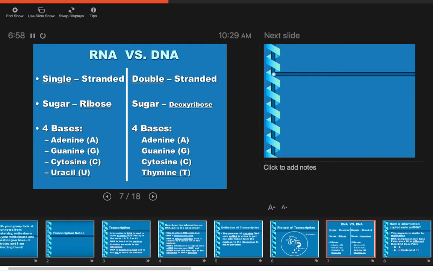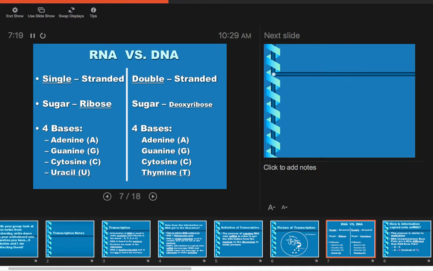The type of sugar they use: deoxyribose is for DNA, just regular ribose is for RNA. And then the biggest difference that you guys need to know about is right here. I know a lot of you noticed that and talked about it yesterday, but uracil is used instead of thymine.